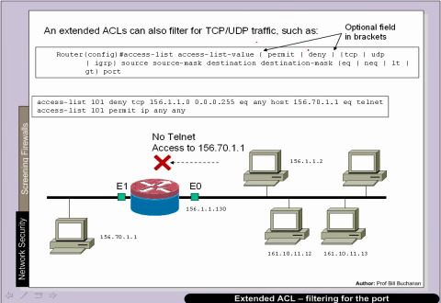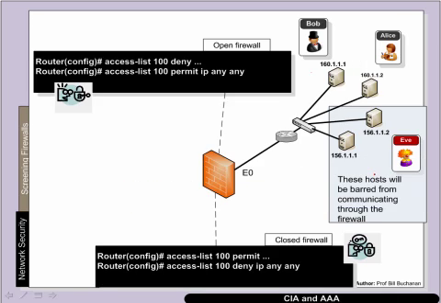We can also filter for port numbers for TCP and UDP. In this case, we're filtering for a certain network for a given protocol.